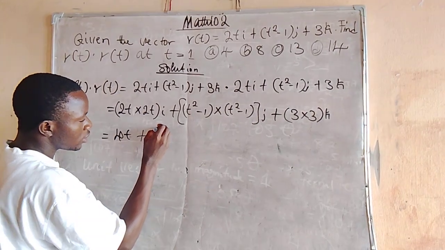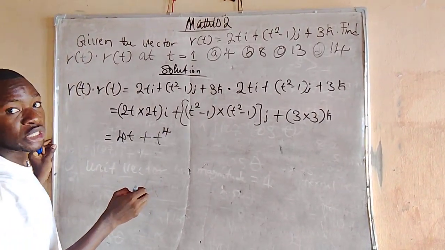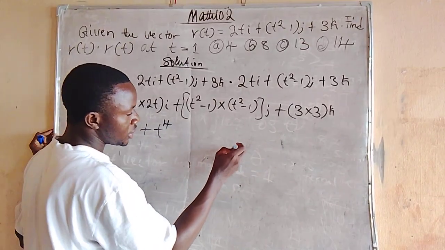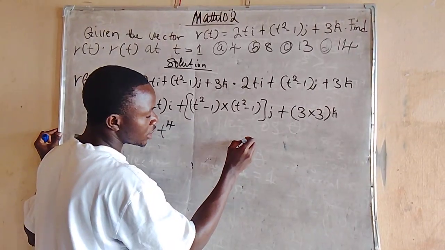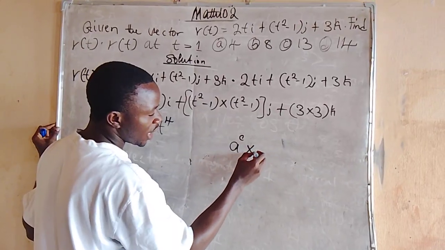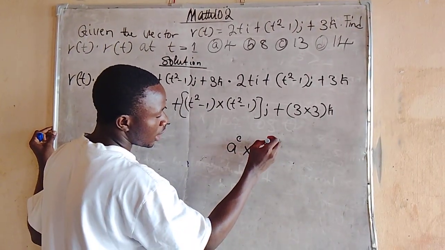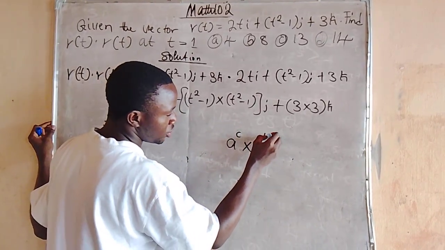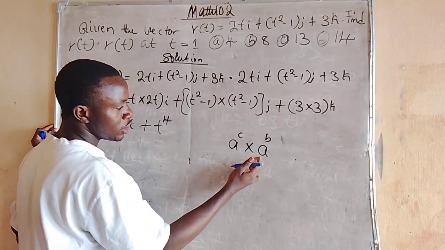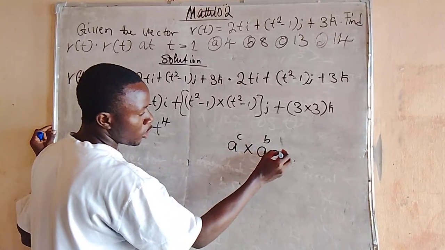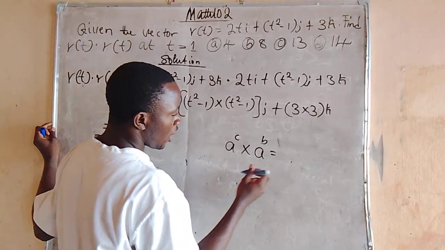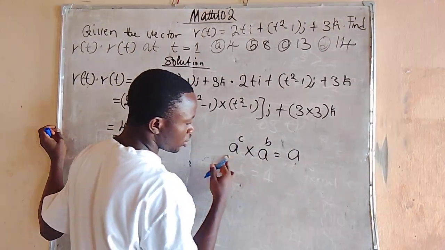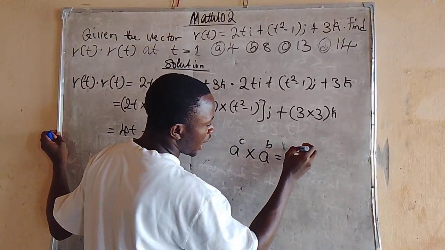t squared multiplied by t squared will give you t raised to the power of 4. It is not 2t squared. From the laws of indices, when you have a raised to the power of c multiplied by a raised to the power of b, from the multiplication law we just pick the base, which is a, because they are similar, then you add the powers together.